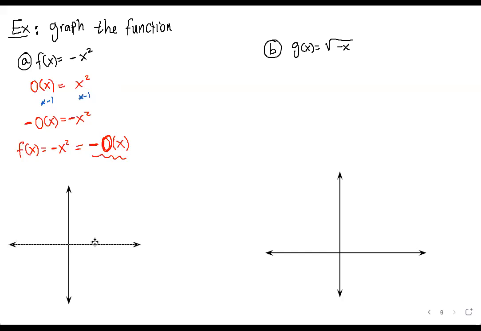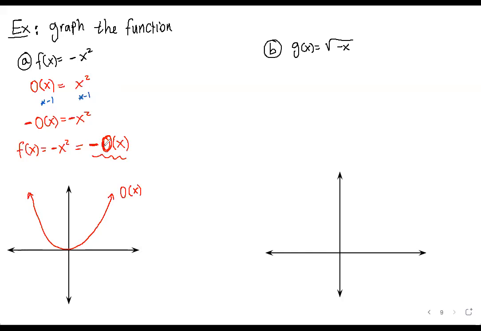So the first step, I have to graph the function O of x. The graph of O of x, by using the first and second slide from before, is a parabola open upward, something like this. This is O of x.